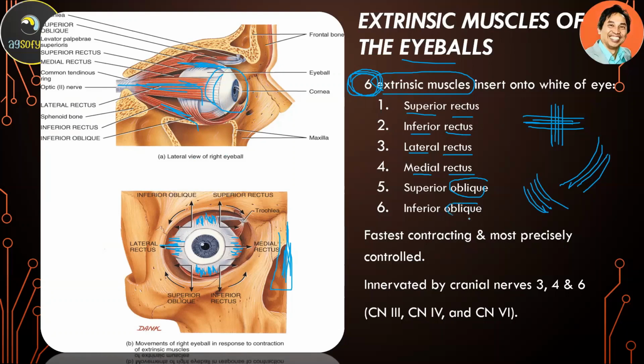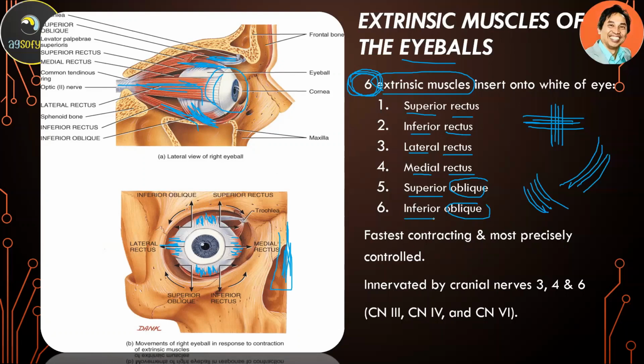It's called the oblique, and there are 2 of them: superior oblique on the top, this superior oblique over here, and the inferior oblique over here. So it's a diagonal direction. Inferior oblique at the bottom.